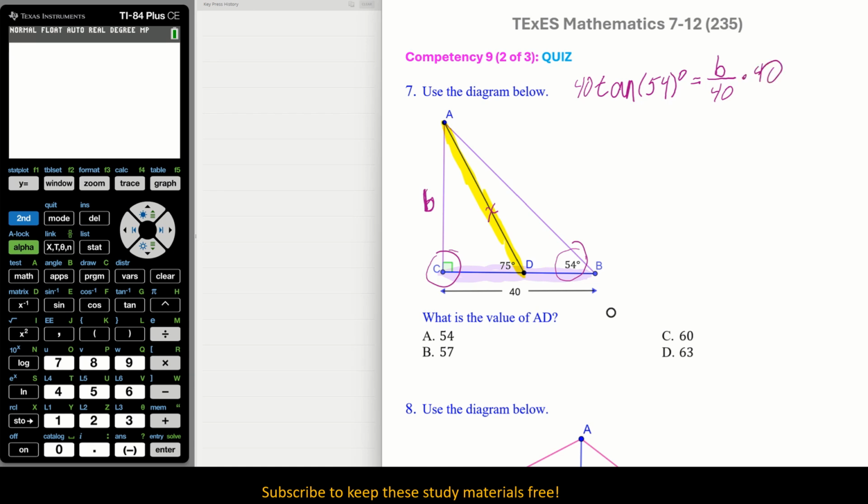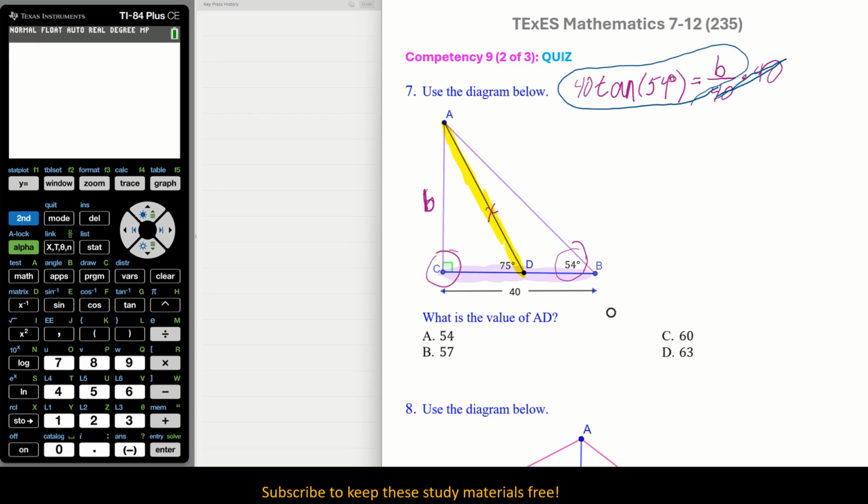This means that our 40 over 40 cancels out, and this is what we need to get B. If you noticed, I wrote this incorrectly. The degree measure is written by the number, not outside the parentheses. It isn't an exponent.